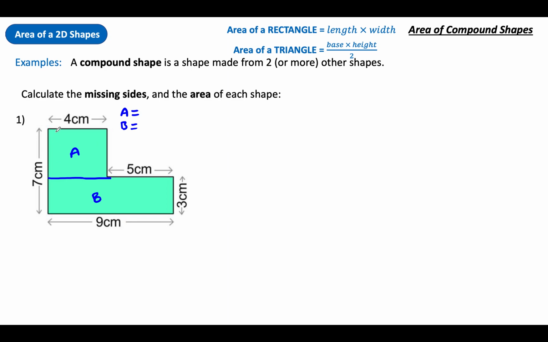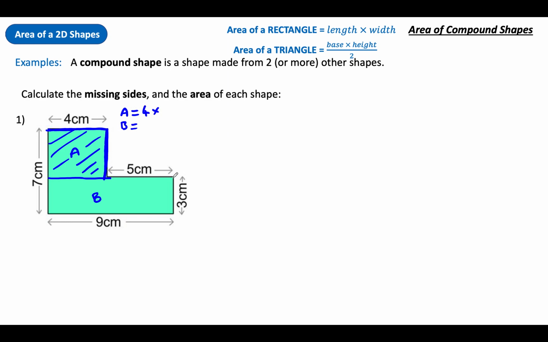Now remember, we've now got two rectangles. If I'm working out the area of a rectangle, I need to have a sort of L shape that encompasses the full length and the full width of my shape. I don't want to be using 7, because 7 is A and B. All I'm working out at the moment is the size of A. So I've got my width, which is 4, but I need to have my height.